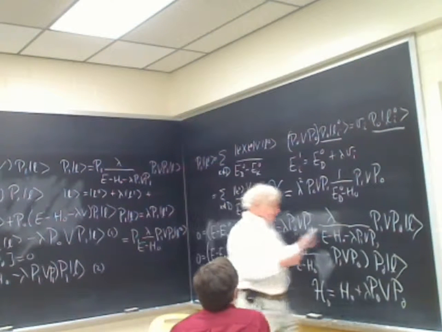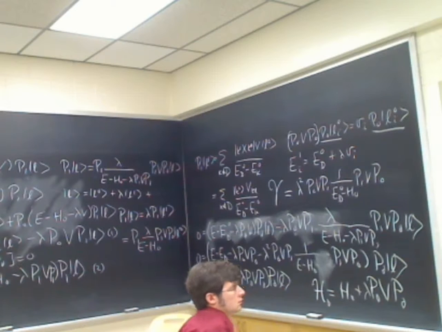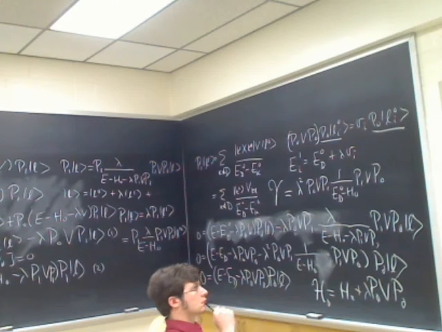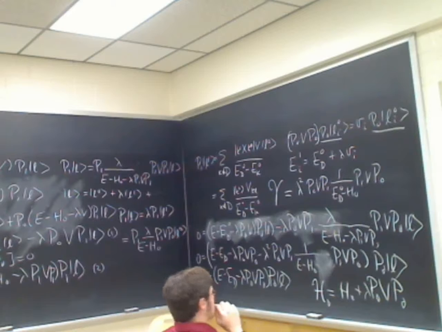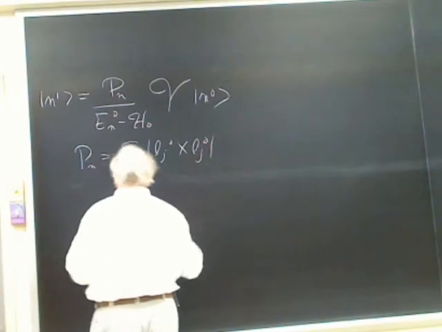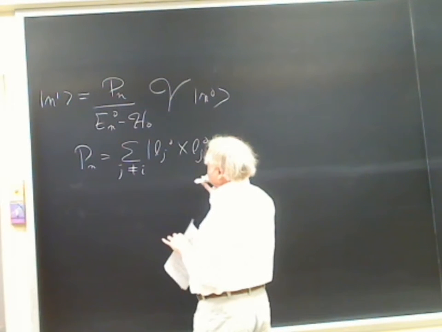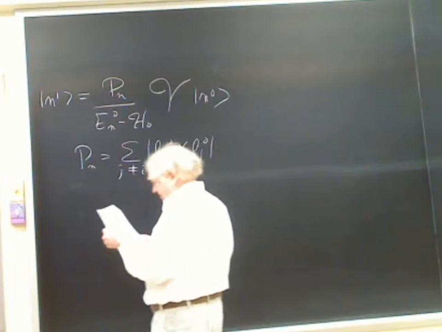And so what we use is that the first order correction is P sub n over En0 minus script H0, script V on N0. And this P sub n is the sum over J not equal to I of Lj0 Lj0. So this is a projection operator within the subspace, but on states that are just different from the ith one.